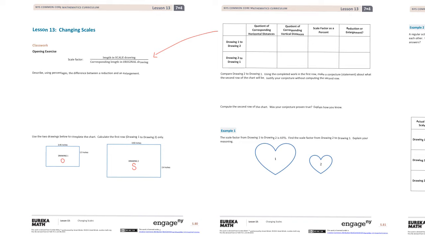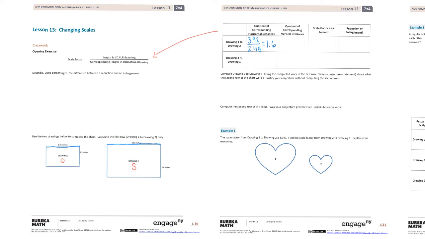For our length, we're going to have 3.92 over 2.45. Okay? Go ahead and take your calculator out and solve our division problem. Okay, you should have got 1.6.